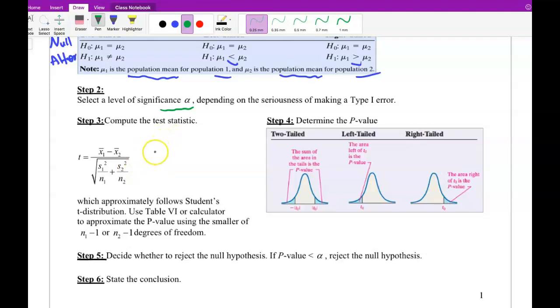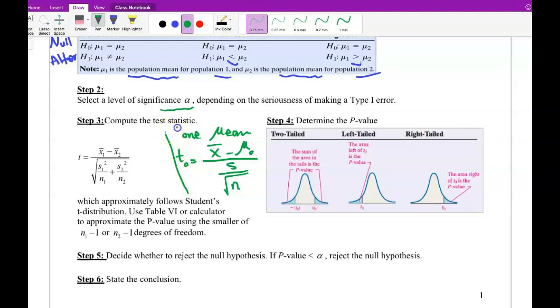Remember, we had this one when we had one population, or one mean. So when we had one mean, t was equal to the sample mean minus the mean, divided by the sample standard deviation divided by the square root of n.